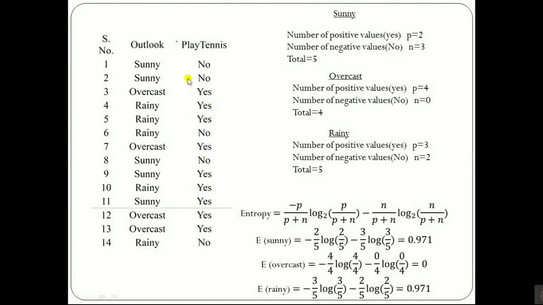If it is sunny and no, the number of no's given is 1, 2, 3, only 3 values. So the total is 5. Similarly for overcast, the number of positive values, that is yes, is 1, 2, 3, 4. There are 4 positive cases given and no negative values, so the total value is 4.